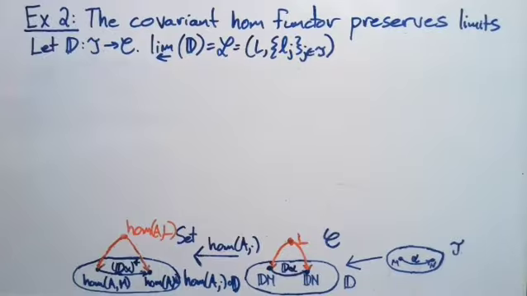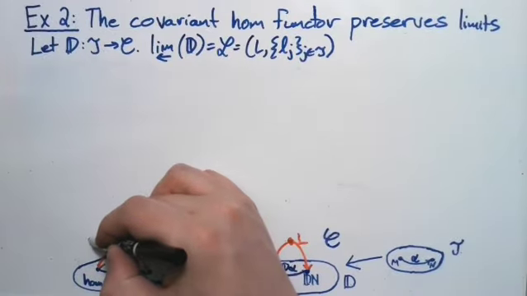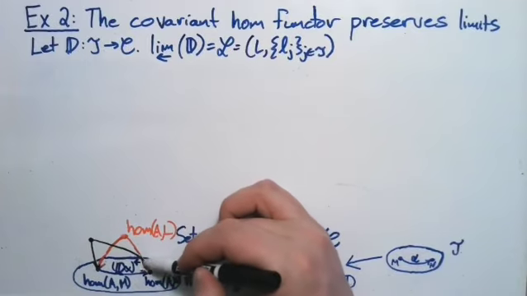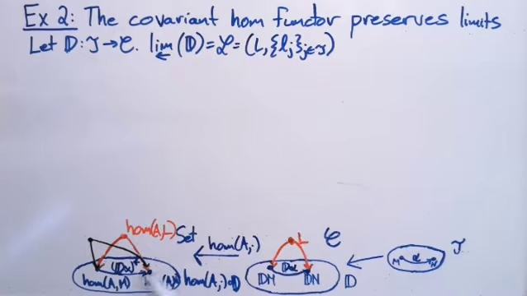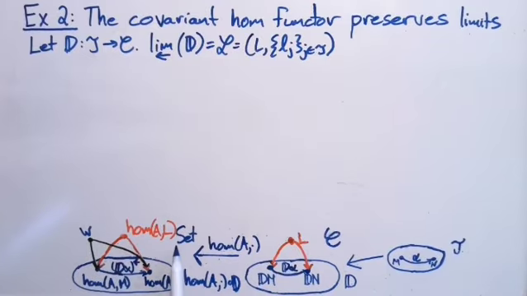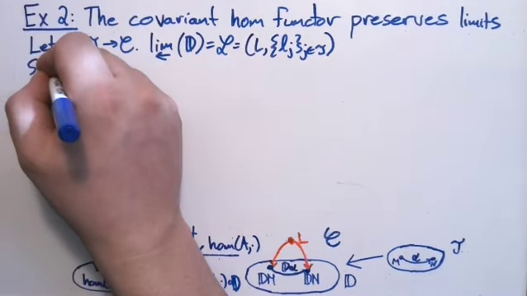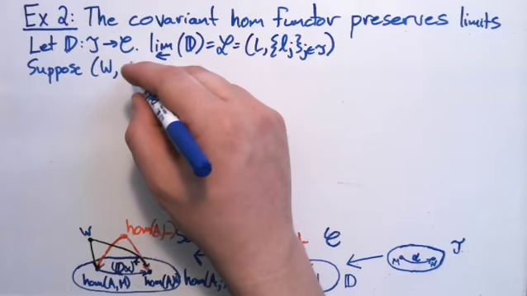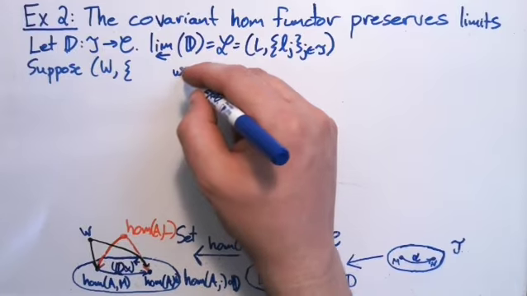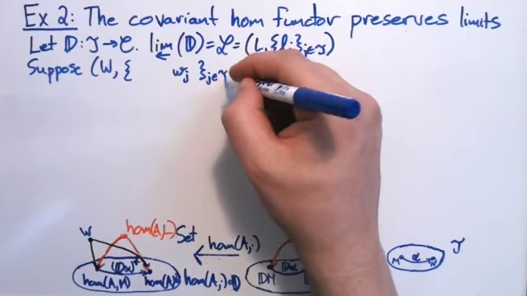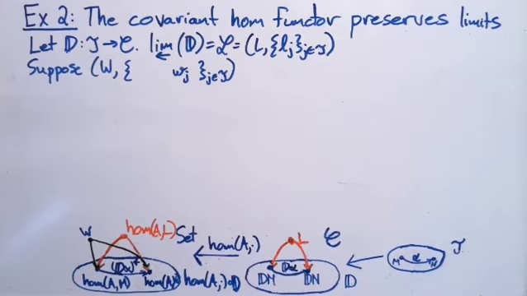So what we'd need to do is show that if there was some other cone over this diagram here in the category of sets, maybe call this one W. So W is an object in the category of sets, which means it's a set. And so suppose that W and then the legs W_j for every j in J. And where do these legs go from?